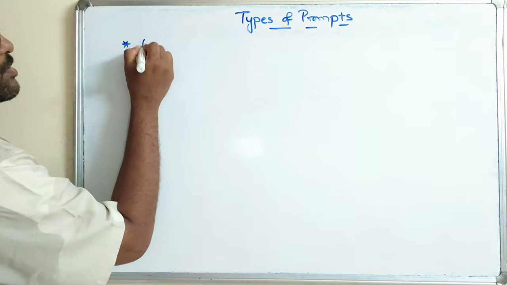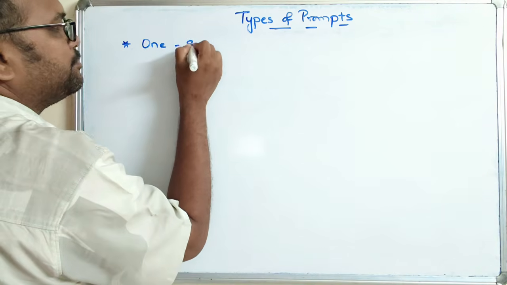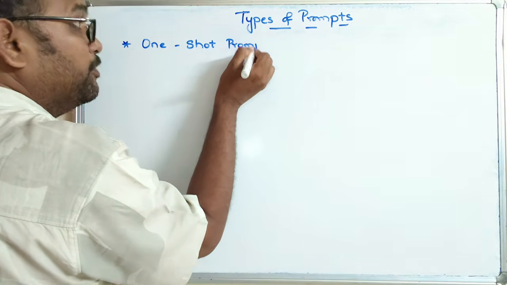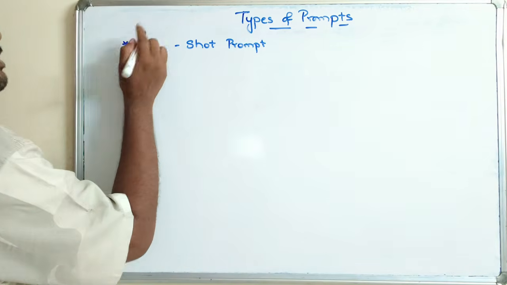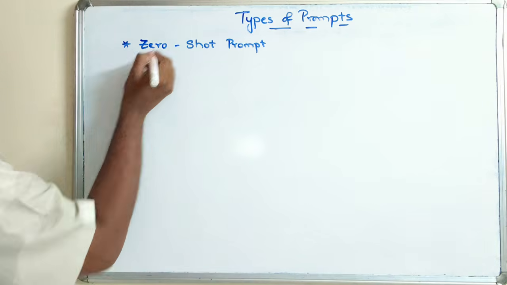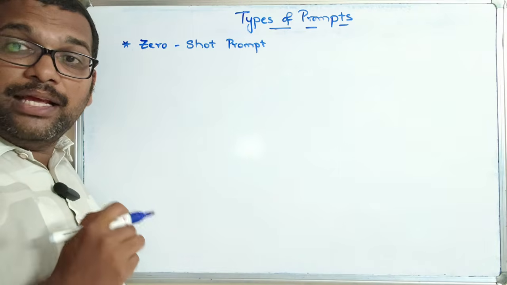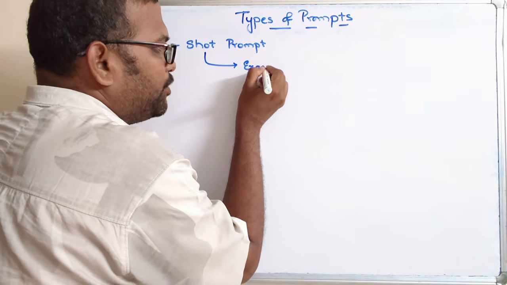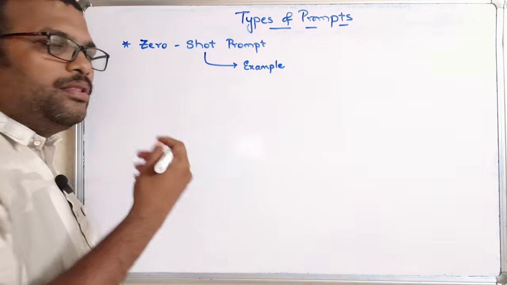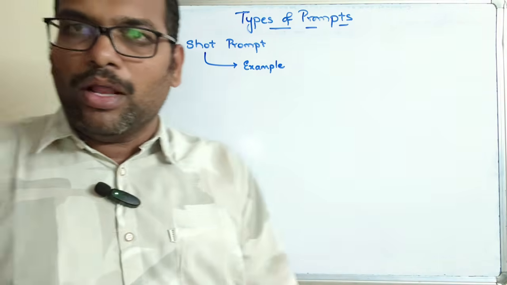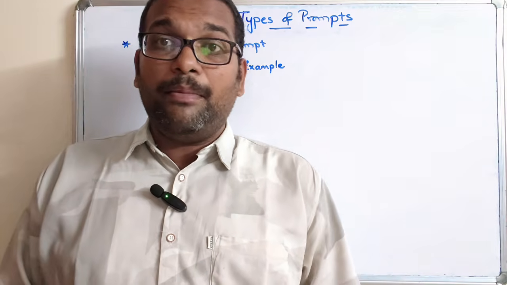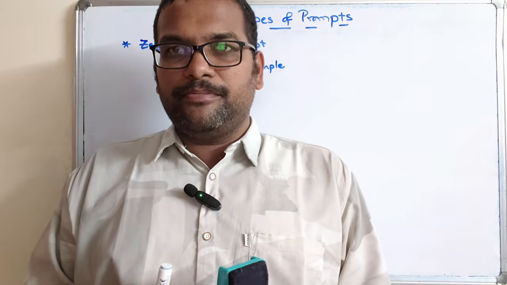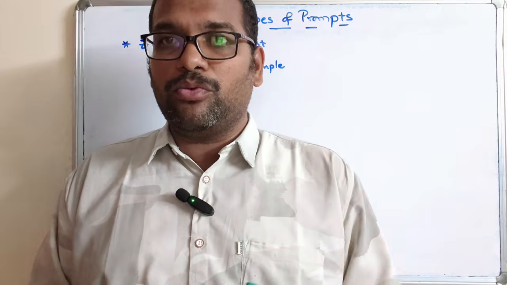So the first one is a one shot prompt. Before going to the one shot prompt, the first one is the zero shot prompt. Here the shot represents an example. We will be giving an example to the AI model, and based upon the example it will analyze how we require the output.